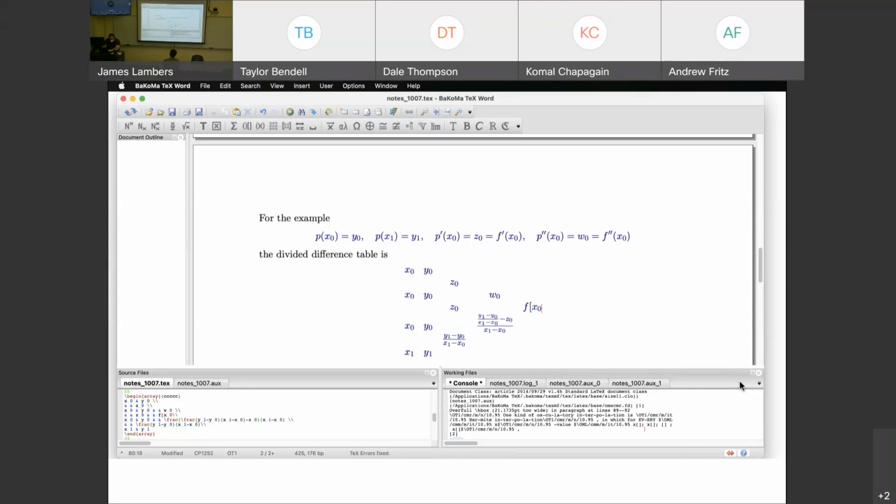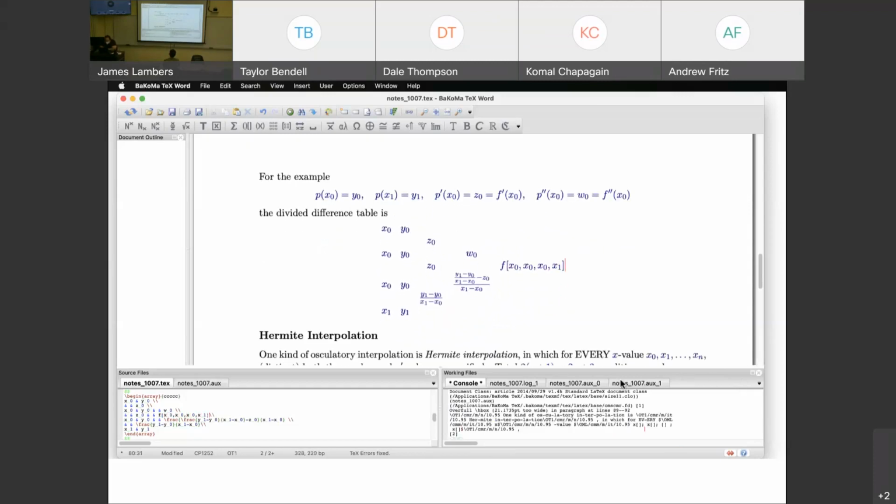x naught, x1. Okay. So now, once you compute all of these, then, as before, with the Newton form, you can go down the top row of divided differences.